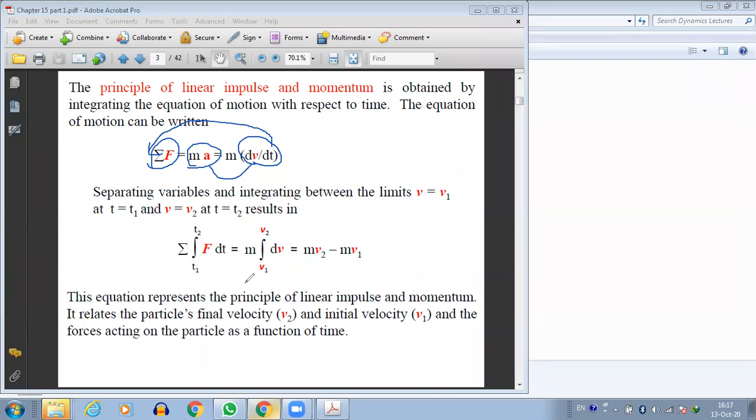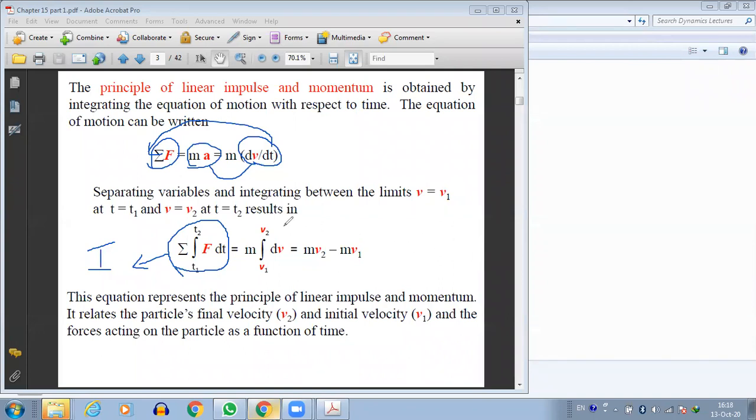We can then integrate it from time t1 to t2 and v1 to v2. So this becomes mv2 minus mv1, and this whole term is as it is. The force applied for a time from t1 to t2, this thing is known as impulse, or sometimes we call it I. So I equals mv2 minus mv1. This becomes our main formula for the principle of impulse and momentum.